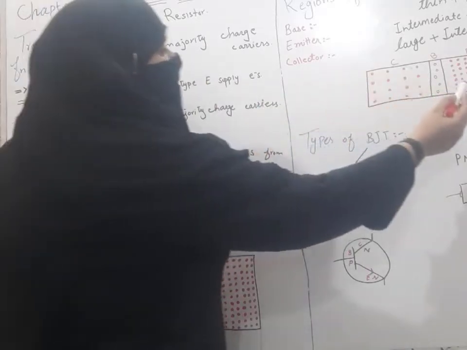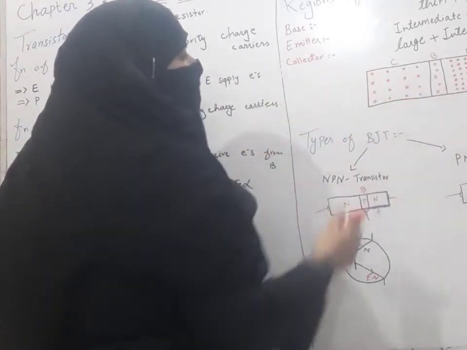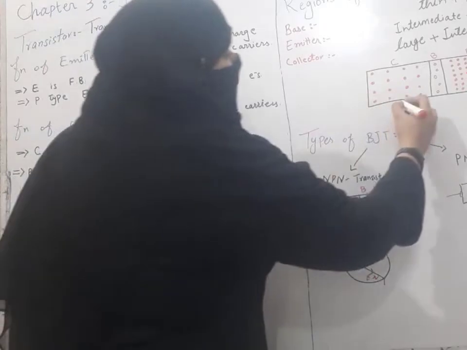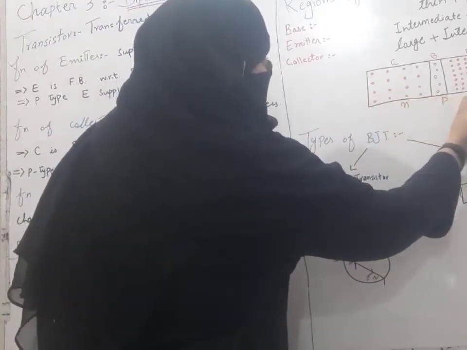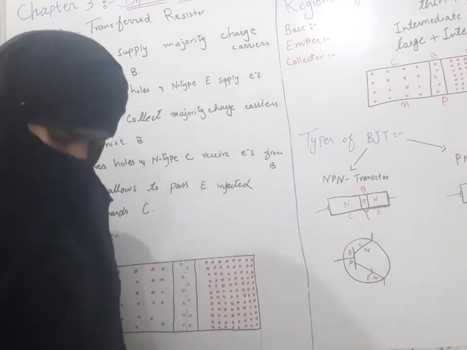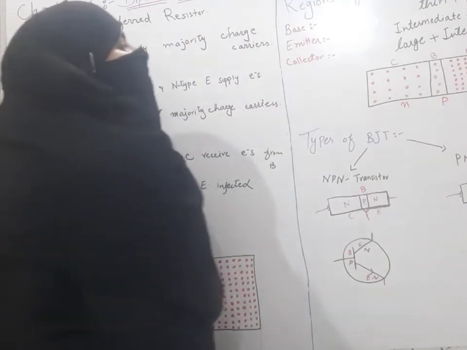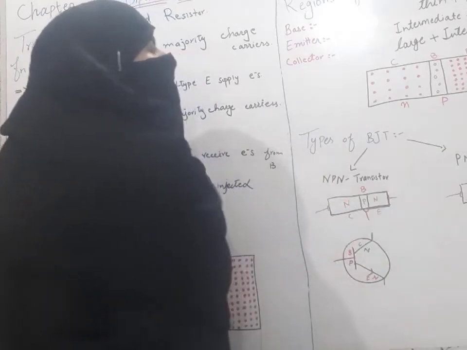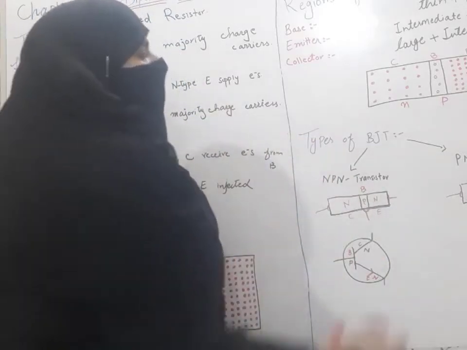The majority charge carriers in an NPN transistor are electrons, and in PNP transistors they are holes.